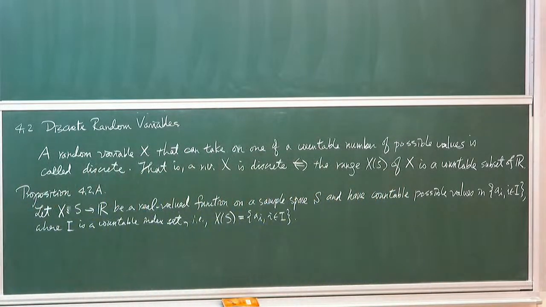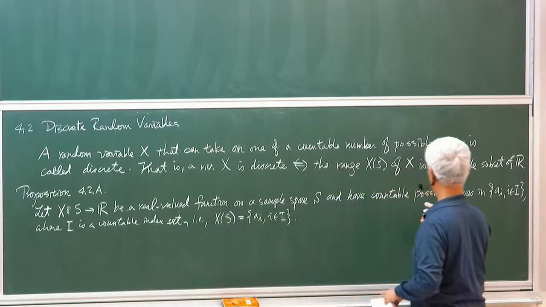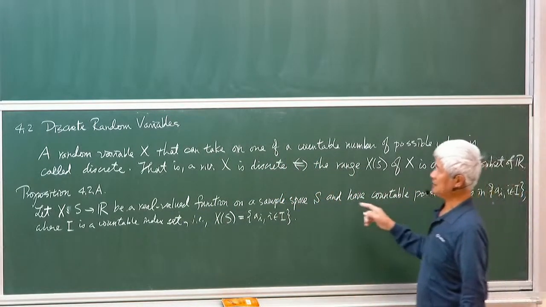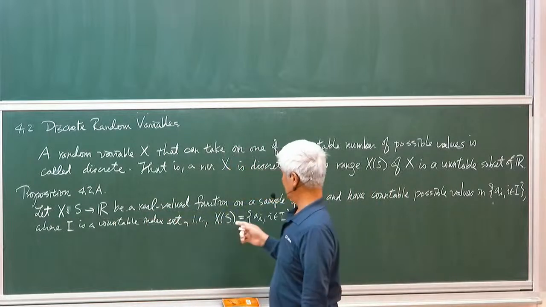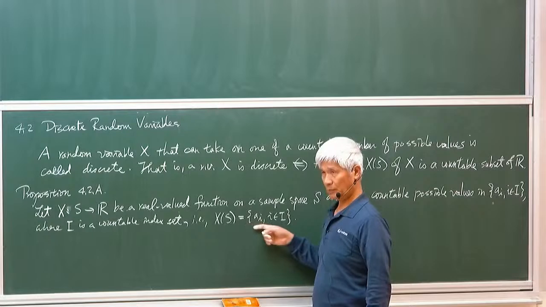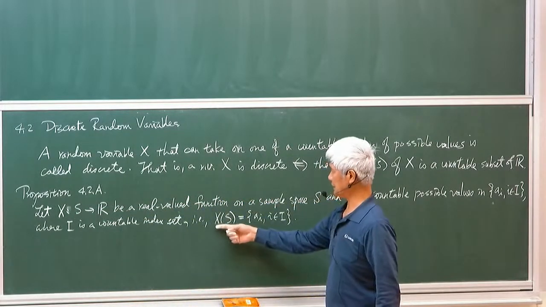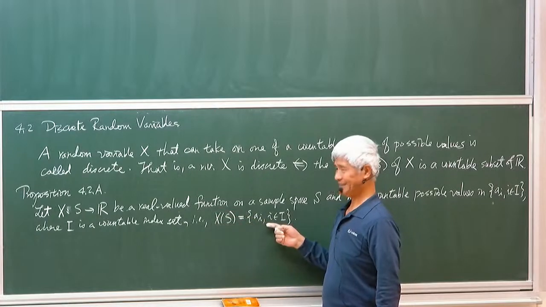So the condition given here: this is a general function on some space. But except that it's a real valued function on some space, we also know that the function has countably many possible values only. So the range of this function is a countable set.